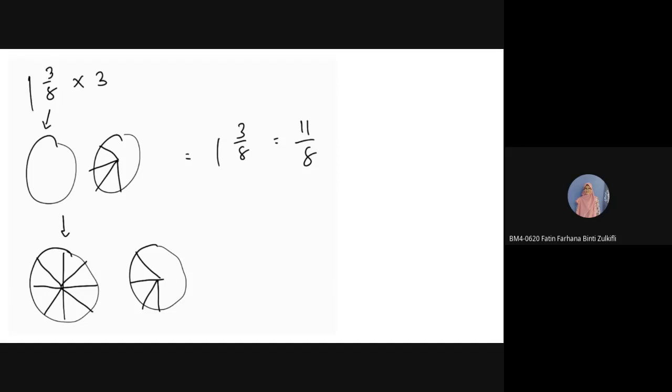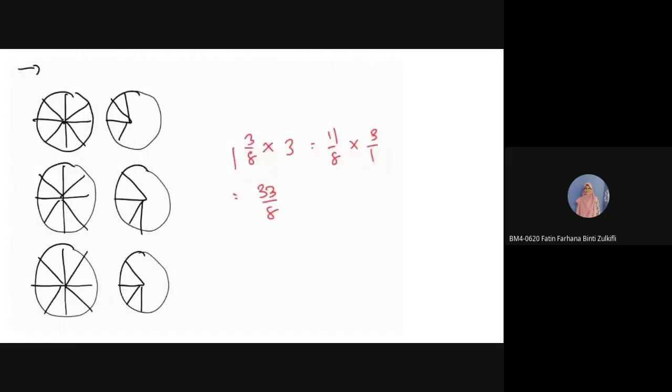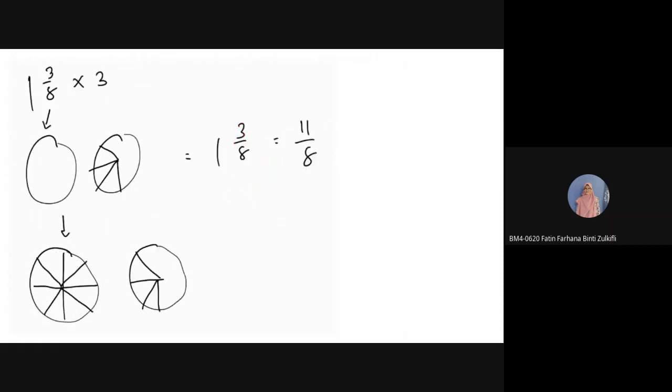Then convert it to an improper fraction. 1 3 over 8 is 1 pizza and 3/8 of another pizza. Sorry, back. Okay. First convert the mixed fraction 1 3 over 8 to an improper fraction. Then we get 11 over 8.